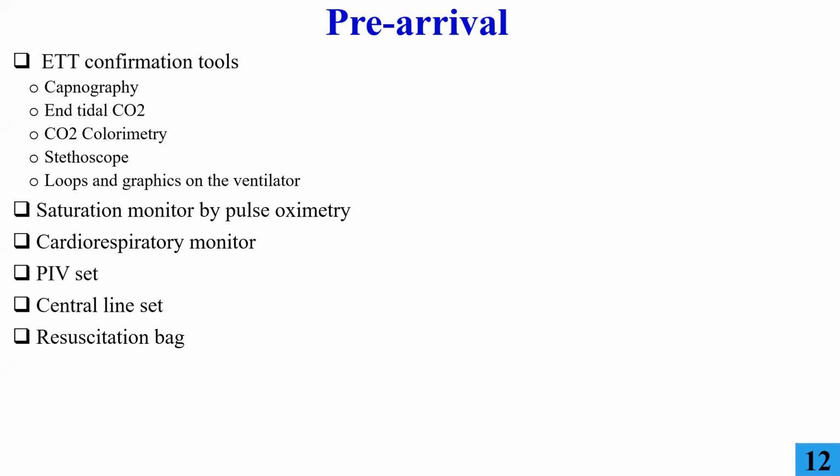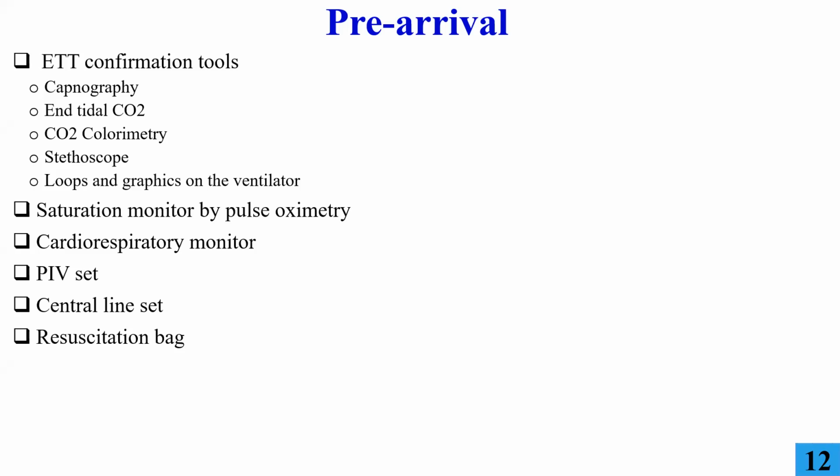We need a stethoscope to check the air entry. We can also check loops and graphics on the ventilator, and I will teach you later what loops and graphics are. We need a saturation monitor, whether it's on the wall or portable.